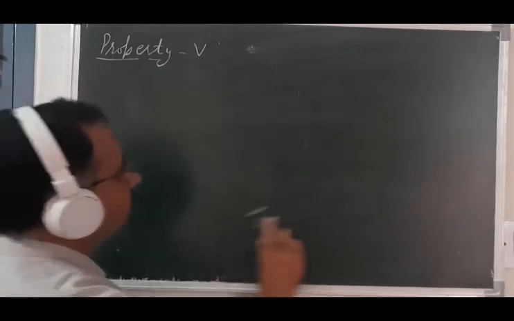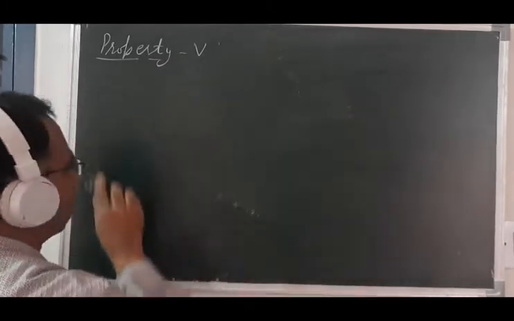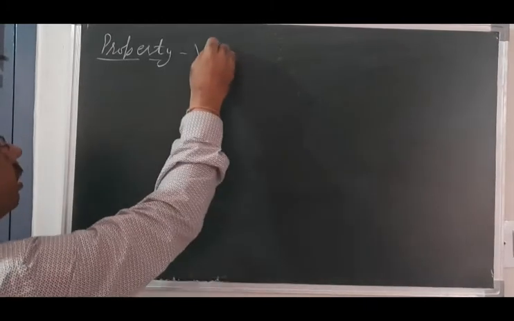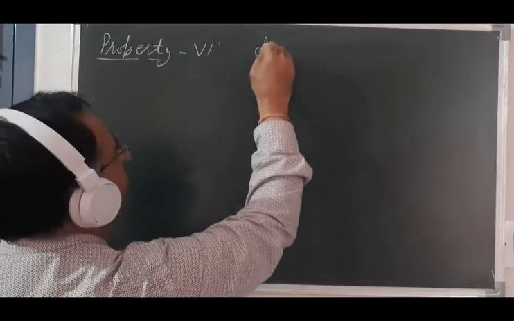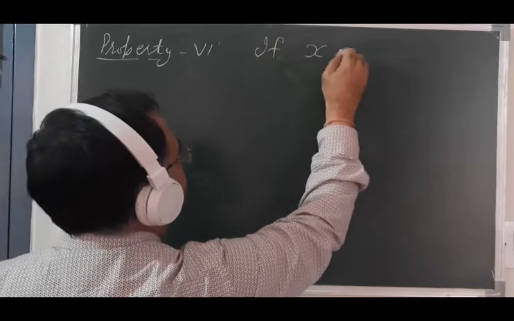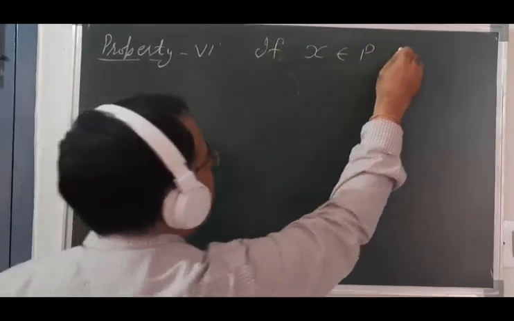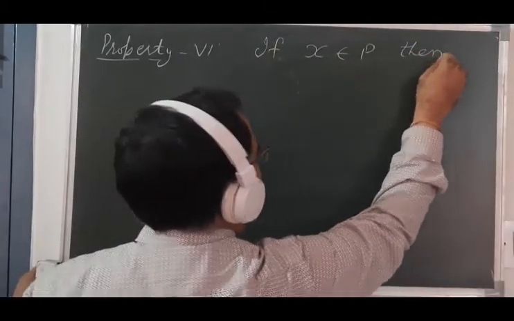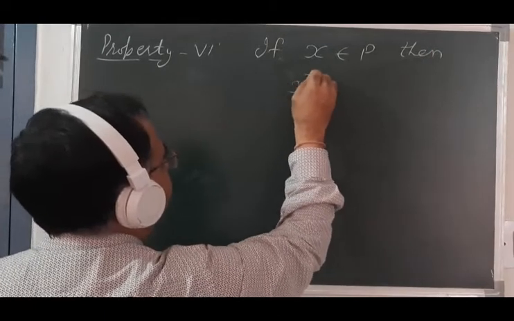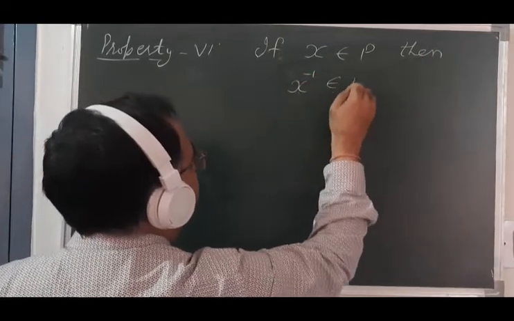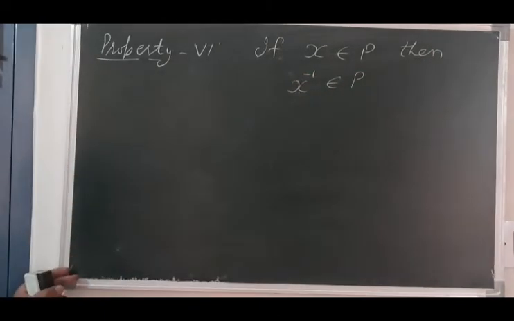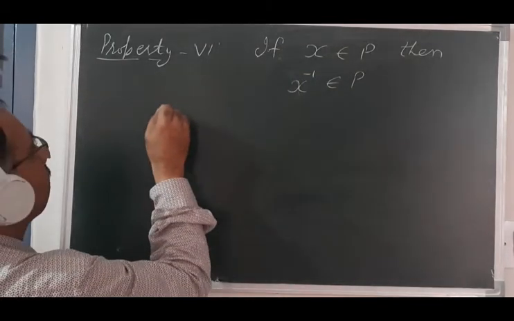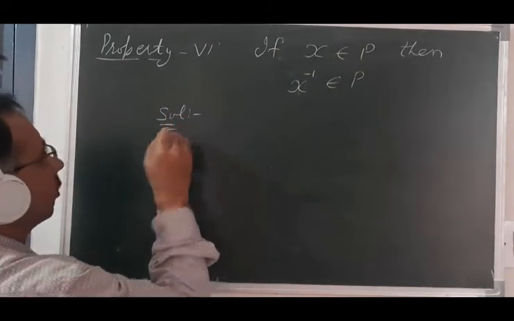So next property, I'll show that multiplicative inverse of a positive number is a positive number. Property 6. So if x is a positive number, then its multiplicative inverse is also a positive number. Solution.